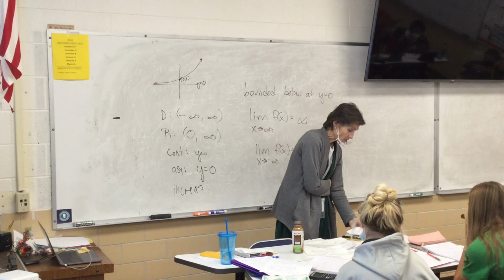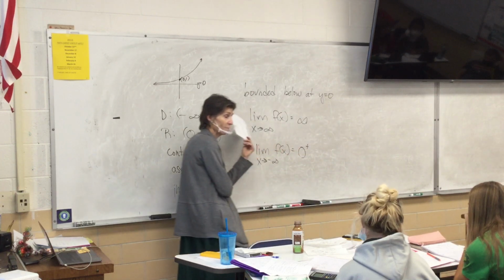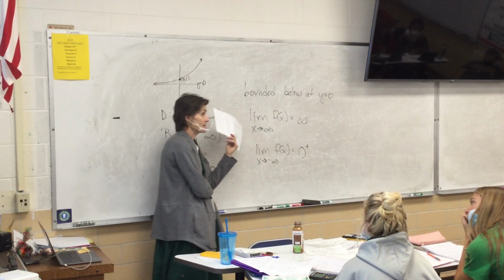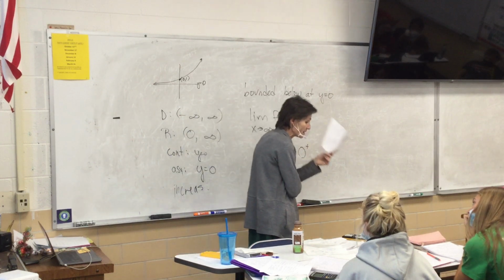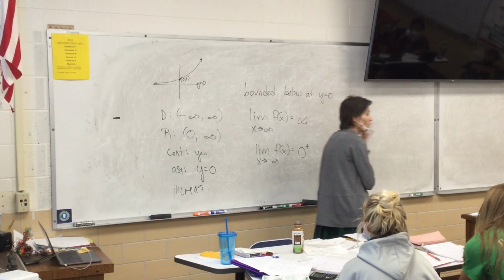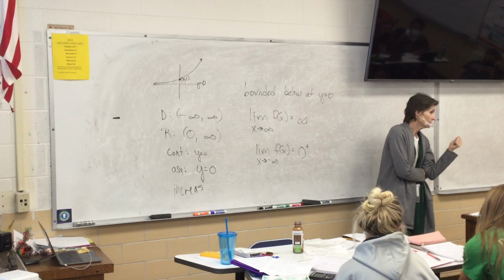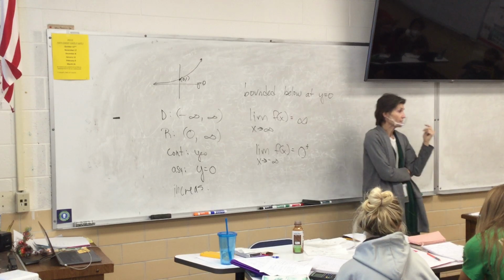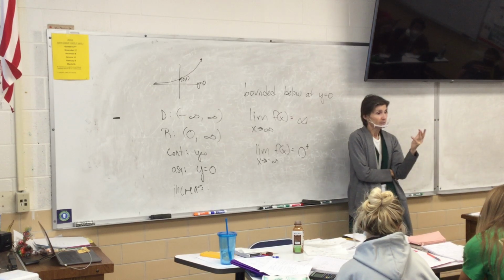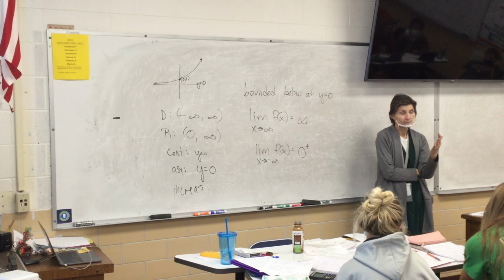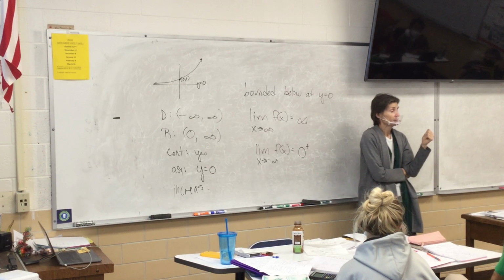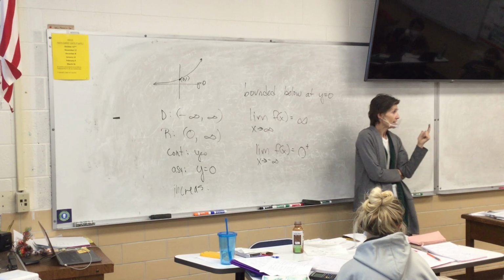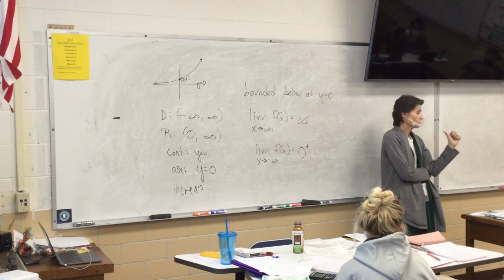All right? You need to be able to do that with your other BFFs. I would say the other common BFFs are absolute value, quadratic, linear, cubic, square root, logarithmic. The logarithmic is the natural log, yeah.